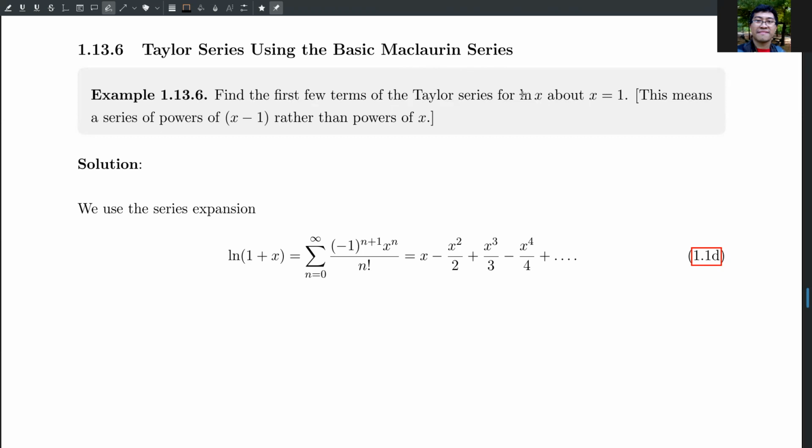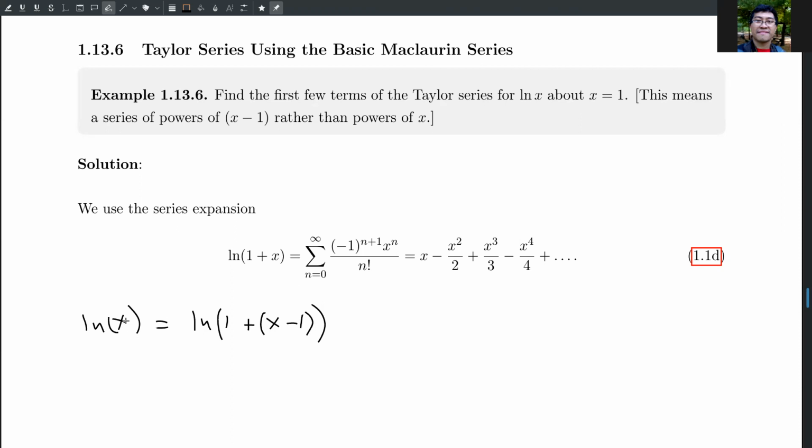Here we can do that, but we replace our ln x by ln of 1 plus x minus 1. Essentially we add 0, since 1 minus 1 is 0, but we take this as one term, so 1 plus x minus 1.